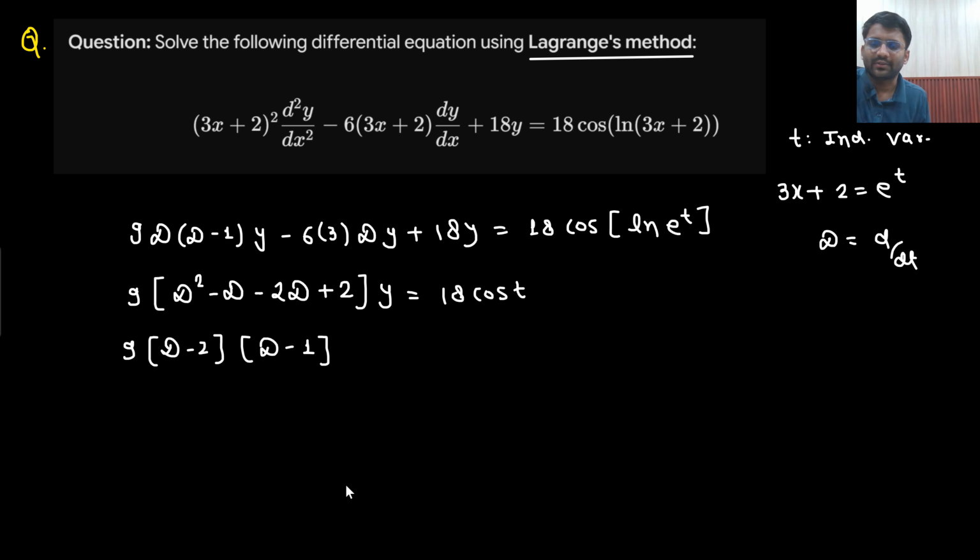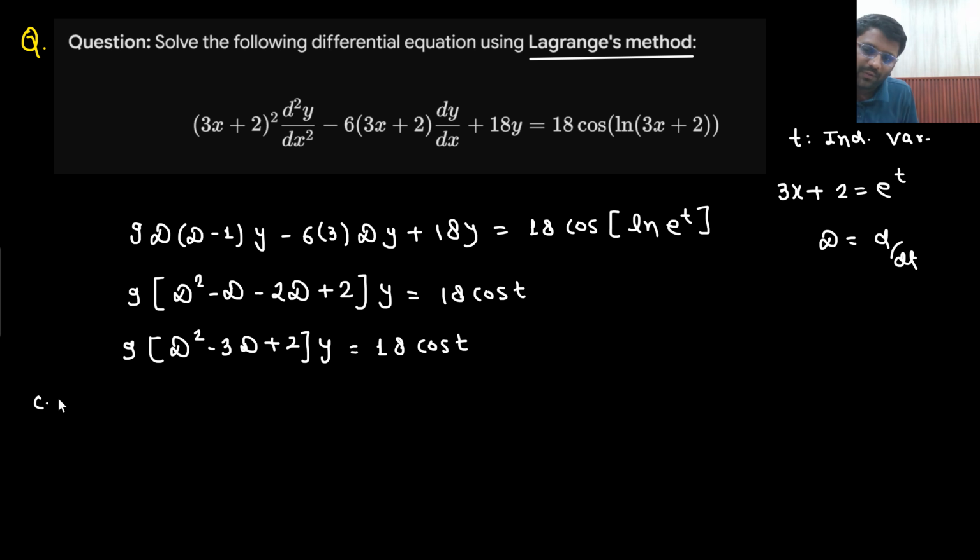d square minus 3d plus 2. It will be d square minus 3d plus 2. So yeah, it is fine only. Or better write down 9 into d square minus 3d plus 2 multiply with y equals 18 cos t, right? So now what we need to do, we need to find out CF.